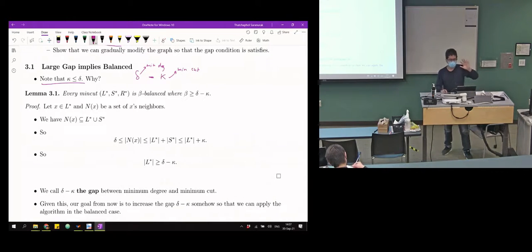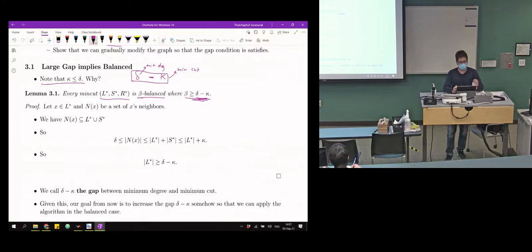Min degree is always at least min cut, but it might be much larger. I will call this the gap. Basically, every min cut must be beta balanced, where beta is at least the gap. So if the gap is large, then you have a balanced cut.